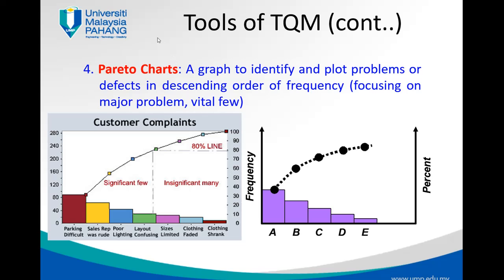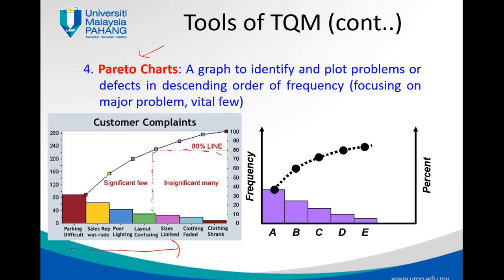Next is the Pareto chart. A graph to identify and plot problems or defects in descending order of frequency, focusing on the major problems and the vital few. Okay, so basically the Pareto chart is sorted in descending order, and then from there we will calculate the cumulative percentage of the non-conformance.